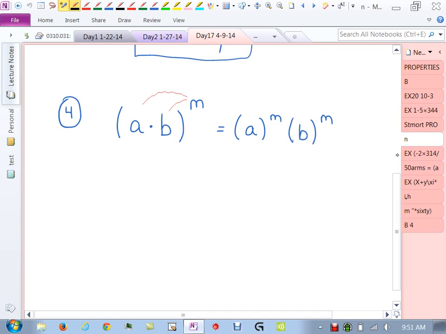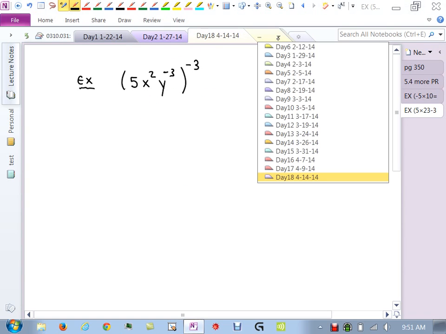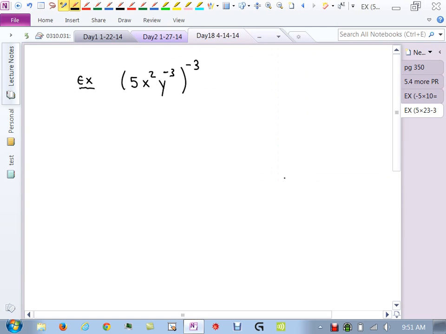So I'm going to use that property, which is going to be property 4. I'm going to circle it here to tell you what I'm about to use. What I'm going to do is take all 3 factors that are in here, and raise each of those 3 factors to the -3.